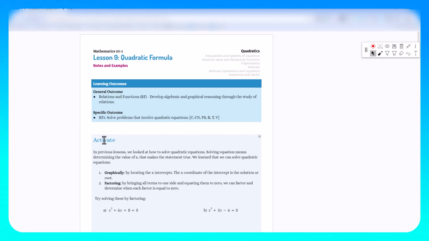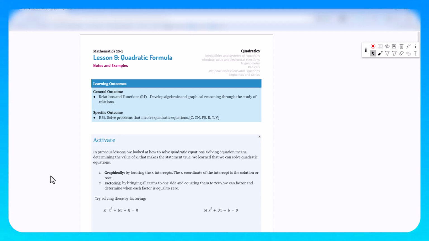Now in previous lessons we looked at how to solve quadratic equations, and we learned that solving an equation means determining the value of x that makes the statement true. And we learned that we can solve quadratic equations two ways.